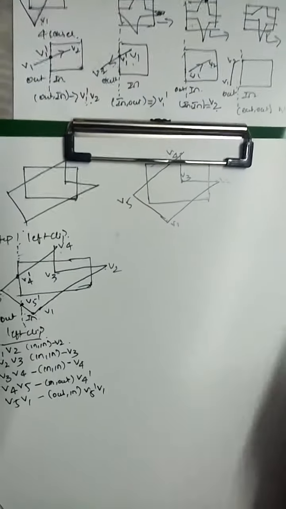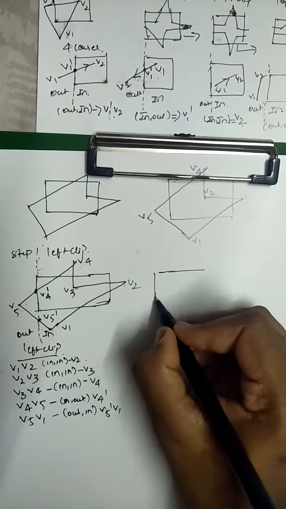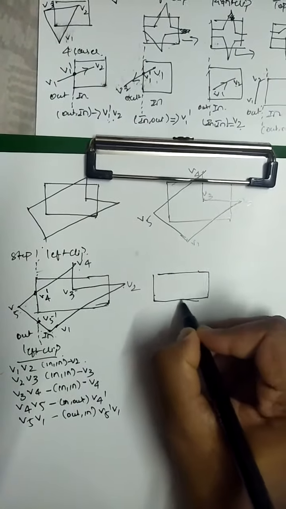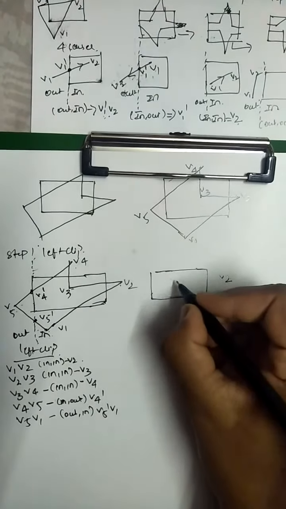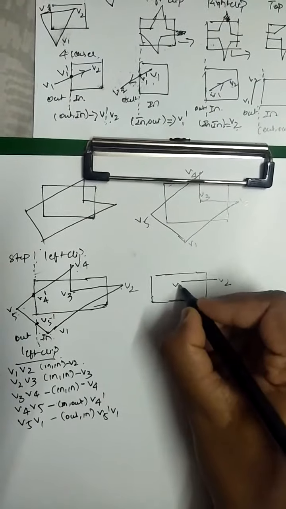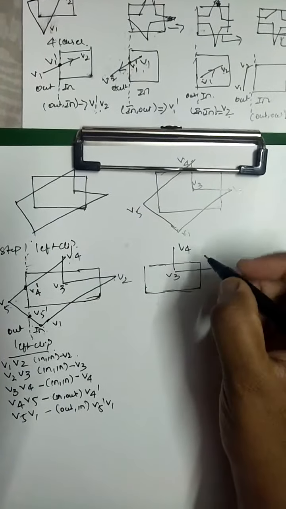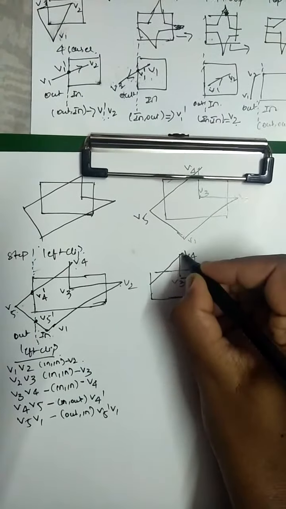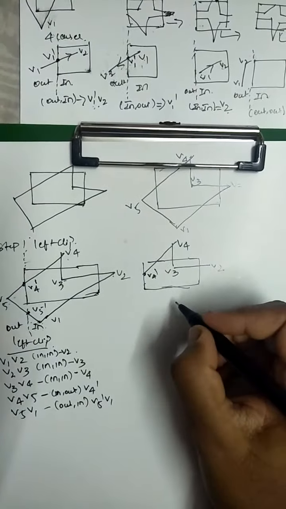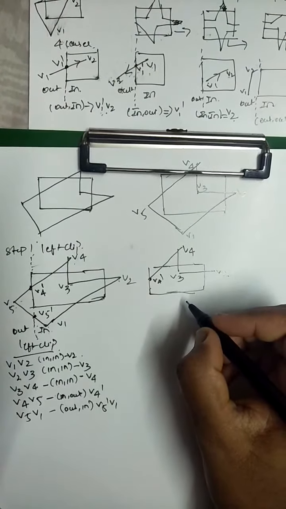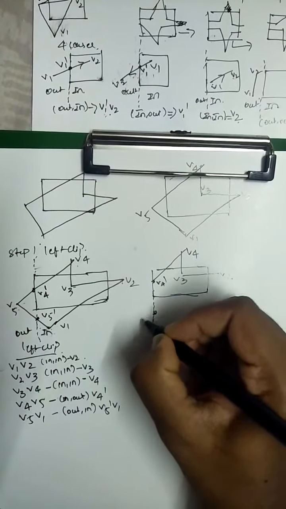Fine. So consider these coordinates now: v2, v3, v4, v4 dash, next v5 dash, which is falling here.